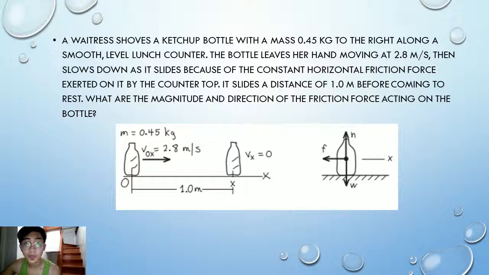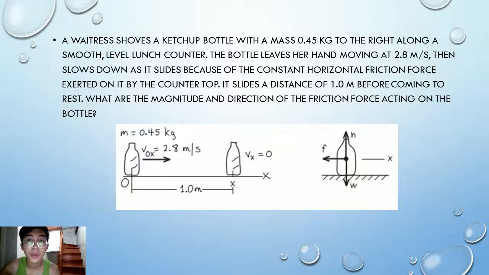So, identify first natin yung given. Meron tayong mass na 0.45 kilogram. Next is meron tayong initial velocity because ito yung pinush ng waitress dun sa bottle.